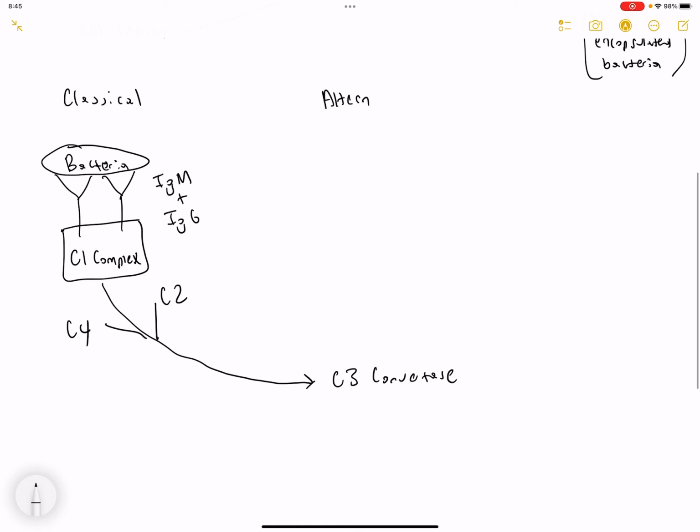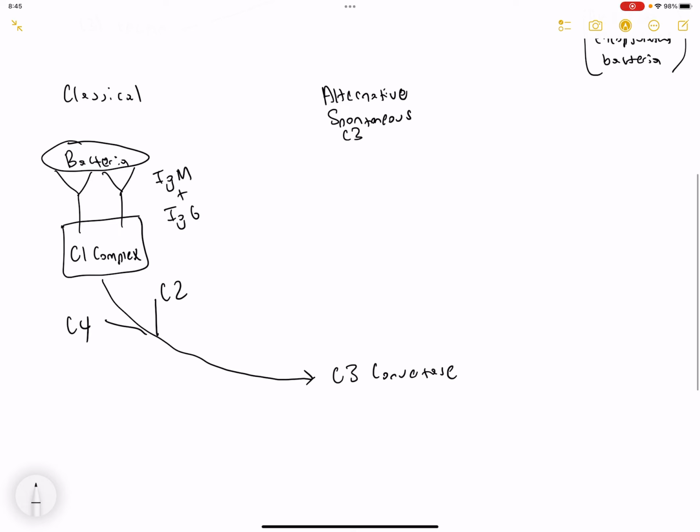In the alternative pathway, or the spontaneous pathway, I like to call it the C3b pathway, the start is going to be different. So normally we have organic autoactivation of C3b in our bodies that is going to be in the intravascular space. And normally C3b can be deactivated by normal cells quickly.